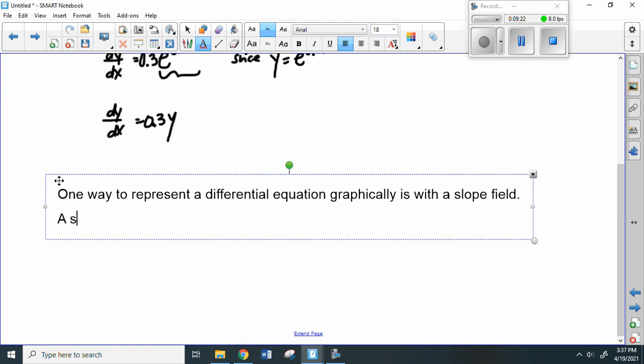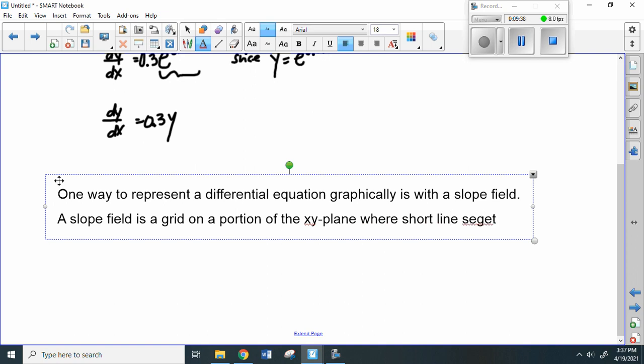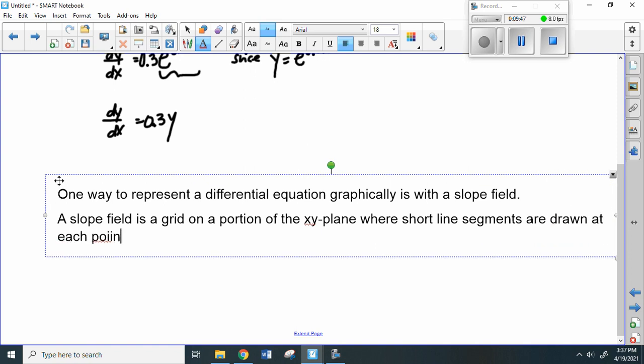So what is a slope field? A slope field is a grid on a portion of the xy plane, like the coordinate plane, where short line segments are drawn at each point of the grid.